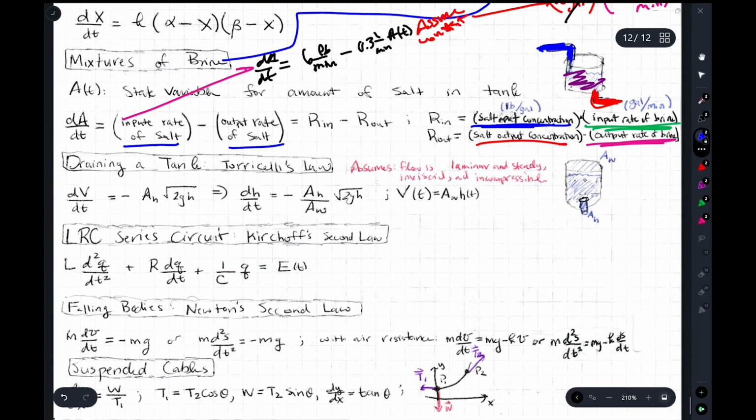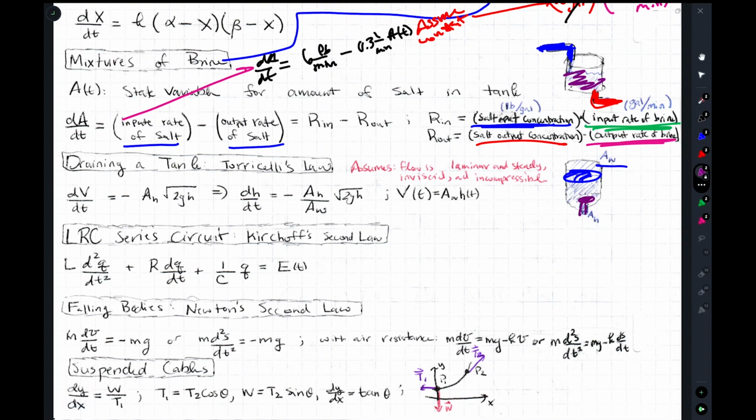This tank has a cross-sectional area of AW, and it has a small hole, it's important for it to be small, at the bottom draining the tank, with a cross-sectional area of AH. The height of the fluid there is H, and we want to know the rate of change of H, the height of the fluid, how fast does it change?